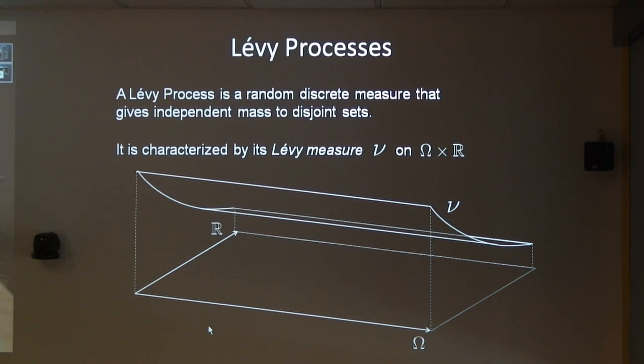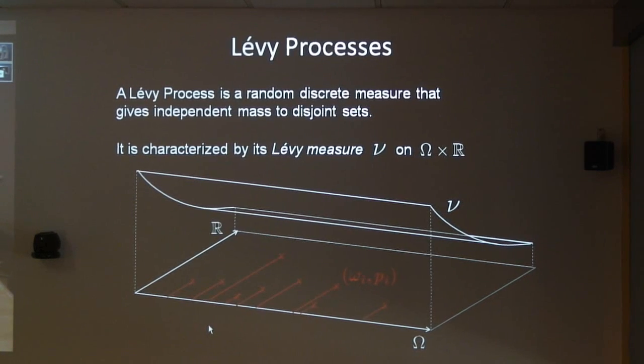This measure nu, the Levy measure, I've drawn as Lebesgue measure across something here just to make it convenient to draw, but it can be a more general measure. And what you do with this, you draw a Poisson process with the Levy measure as base measure, get a bunch of points, and now you look at this sideways, and you have a random measure.